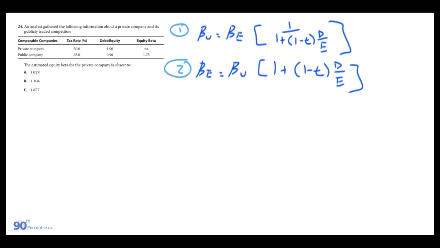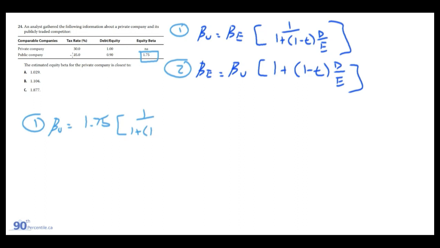So first step, we have to unlever this 1.75 that we have here for the public company. The unlevered beta is going to be the beta of the public company, the 1.75, times 1 over 1 plus (1 minus t) times the debt to equity ratio.